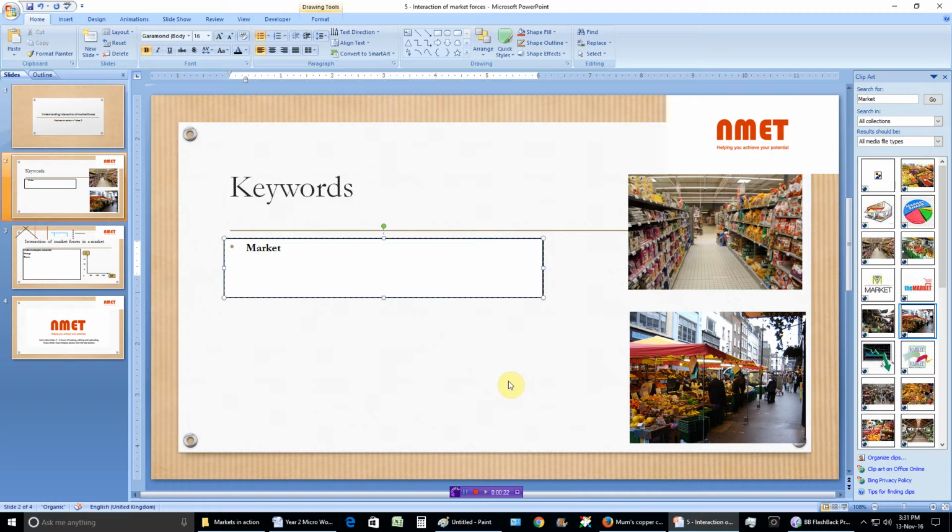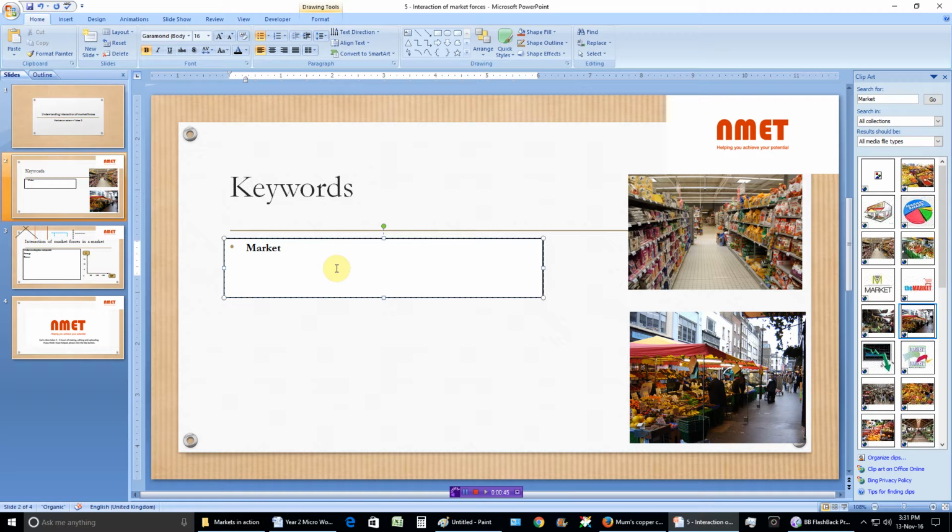What is a market? A market is a place where they offer products and in exchange they expect money. So who offers products? The owner of the goods, businesses. And who buys it from them? The customers.